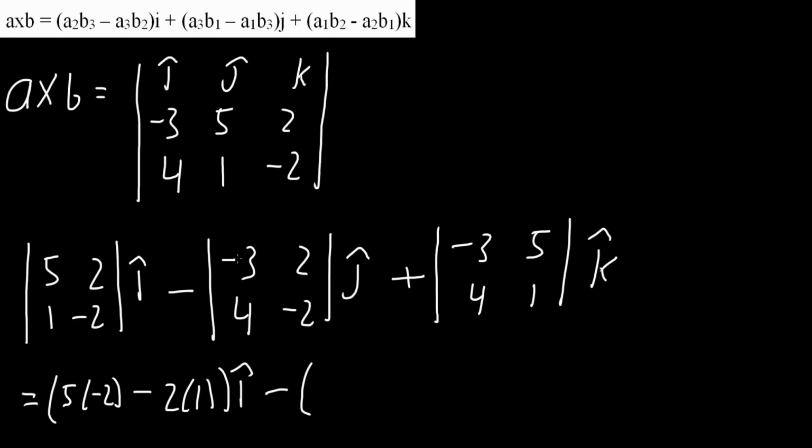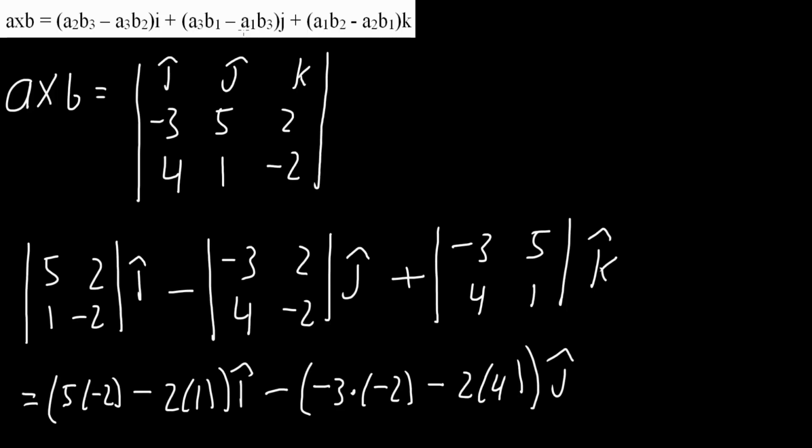Next, minus parentheses. So we go -3 times -2, this diagonal right here, minus this diagonal here, so we would get 2 times 4. And we close parentheses, and this will be J. So A3 is 2, and B1 is 4. So it's similar to this, except that we have a negative right here. And if we were to distribute the negative here, it would be positive. So it would be identical.